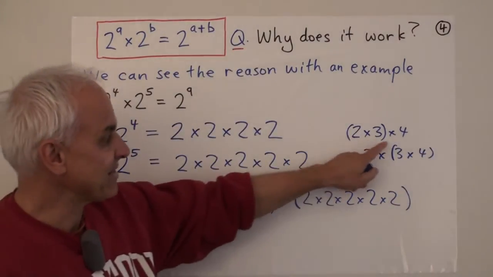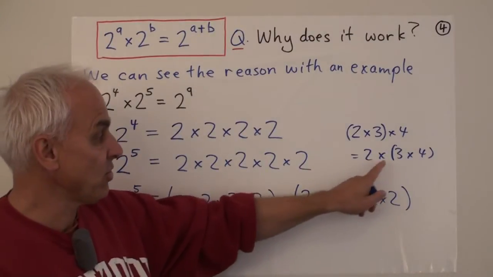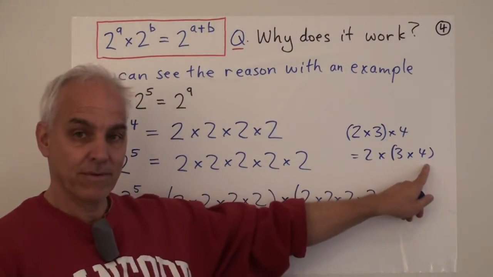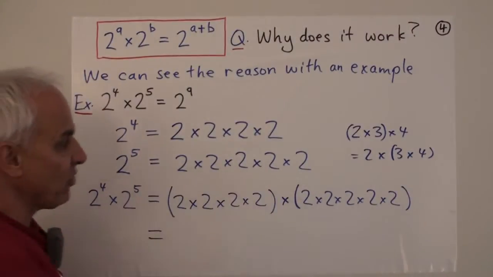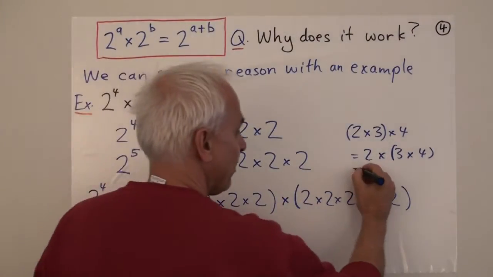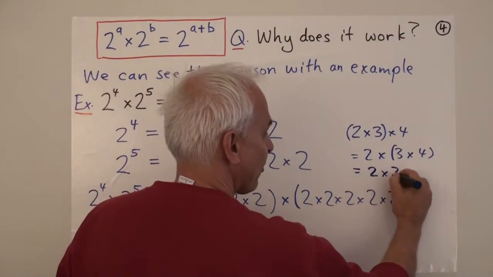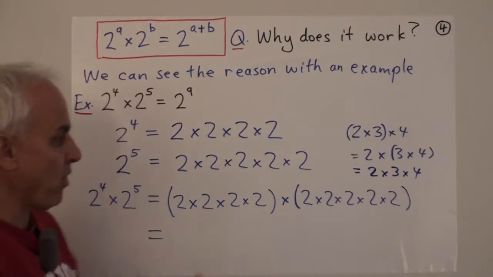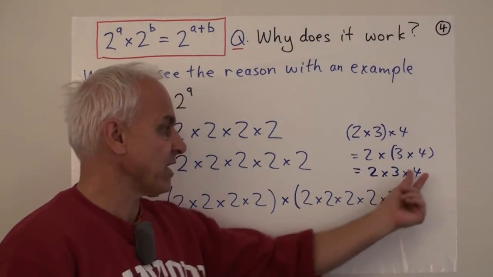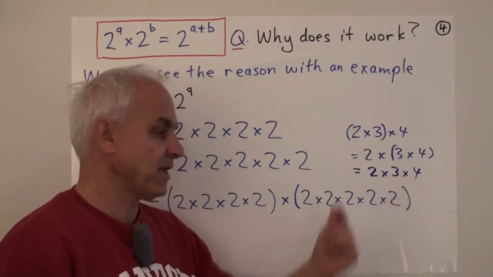Right? So 6 times 4 is the same as 2 times 12. That's the associative law of multiplication. That means we don't really have to worry about the brackets. We can, in this case, just write 2 times 3 times 4. And it's completely the same whether we multiply these first and then this one, or these two together first and then this one.